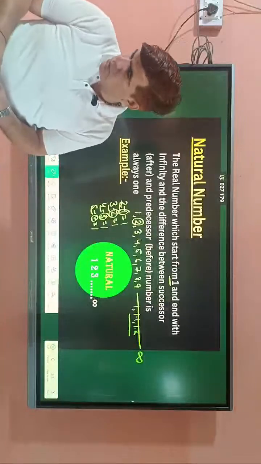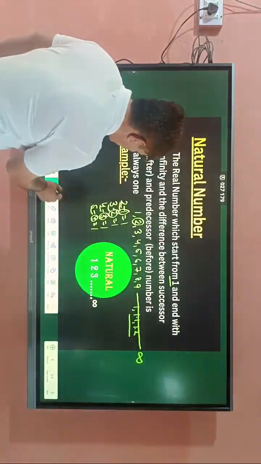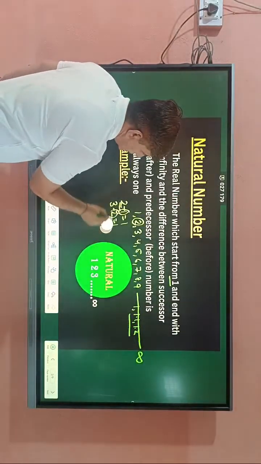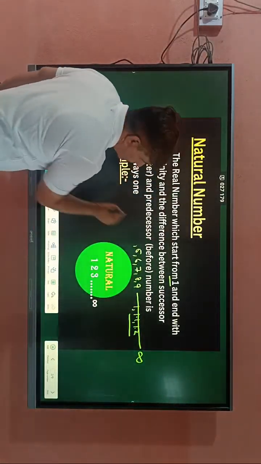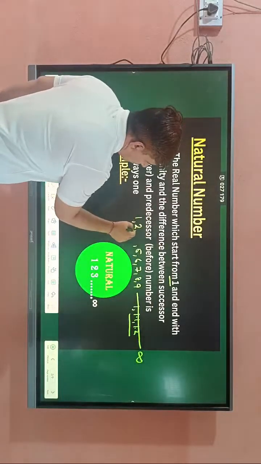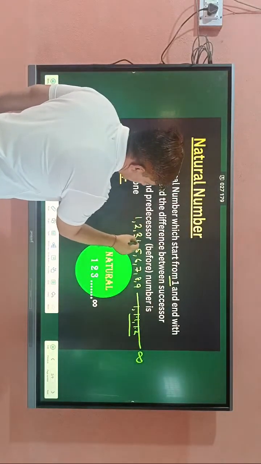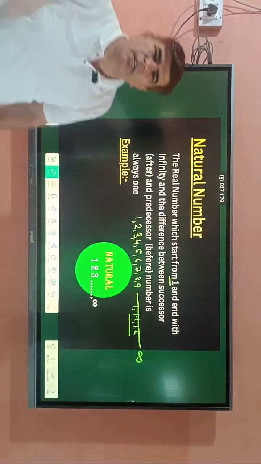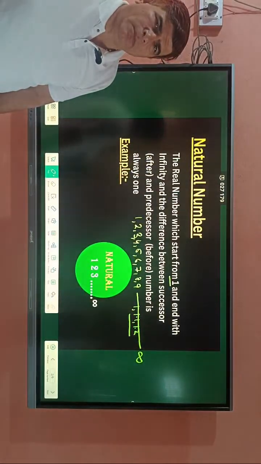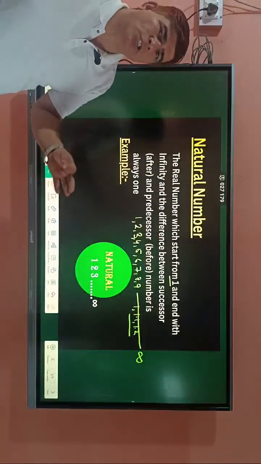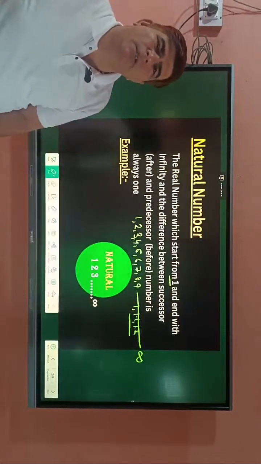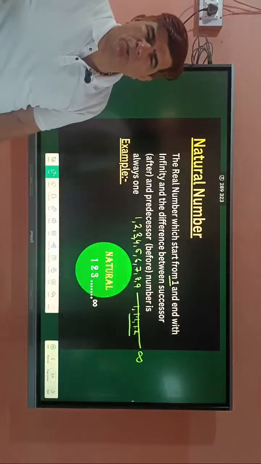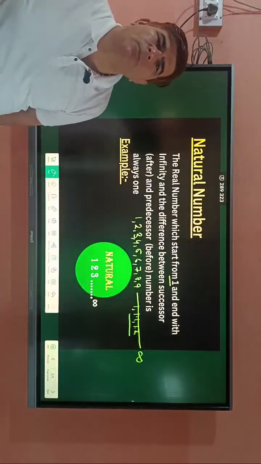Understood? Another definition is also possible. You can say the real numbers which start with 1 and go to infinity, which are not in the form of a fraction, not in the form of a decimal, not negative, not 0, always positive.